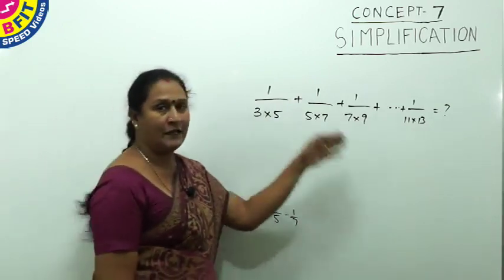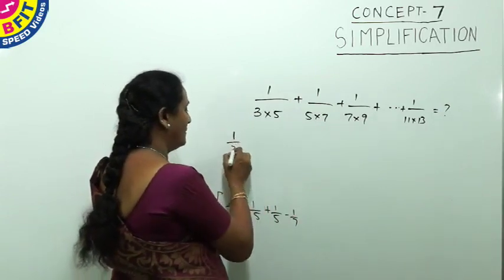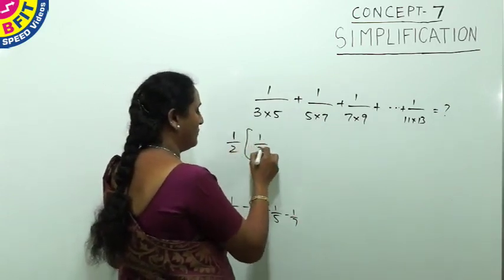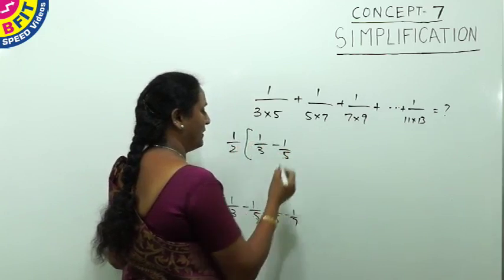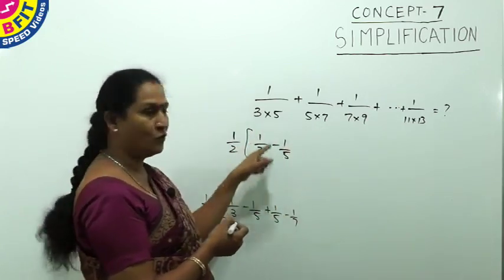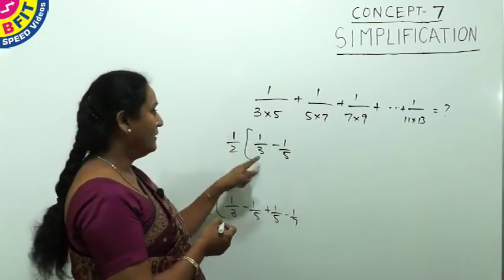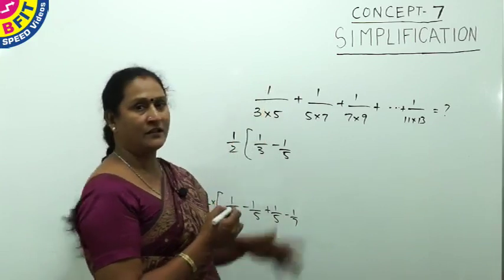So now rewriting all these fractions and dividing by 2, we have half of 1 by 3 minus 1 by 5. So 5 minus 3 by 3 into 5 is 2 by 3 into 5, and when we take out this 2 and cancel, we are left with 1 by 3 into 5.